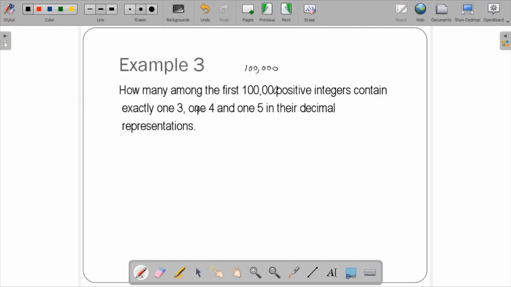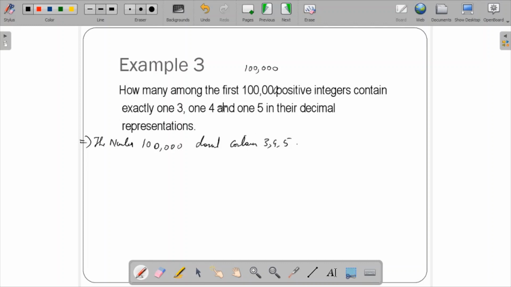If you check the number 100,000, whether it contains any 3, 4, 5, it does not contain 3, 4, 5.